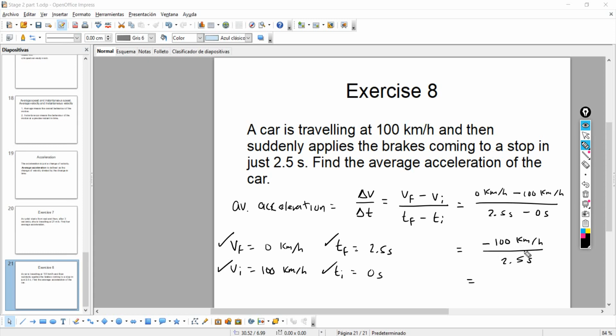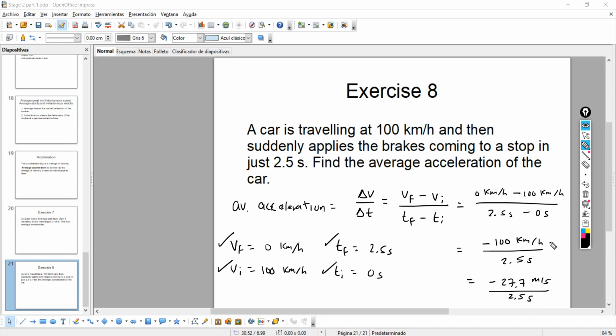Let me take my calculator. That's gonna be minus 27.7 meters per second over 2.5 seconds. And now I have the same units of time.